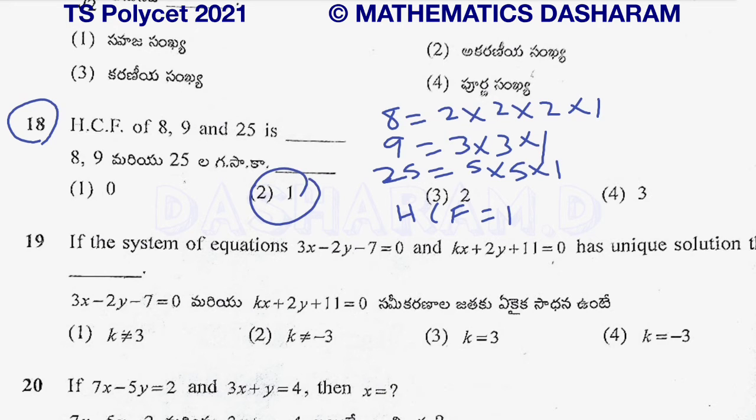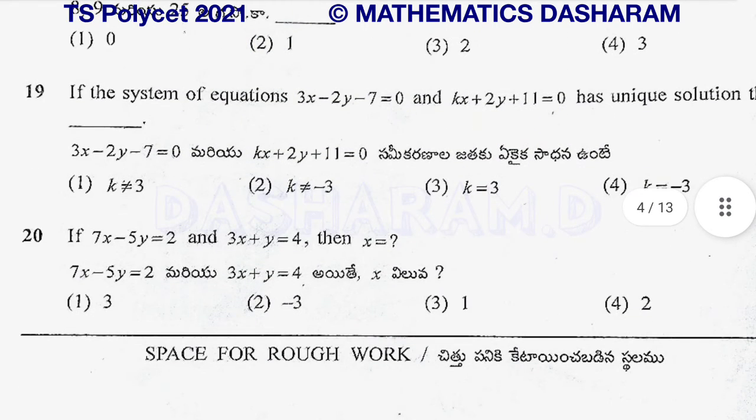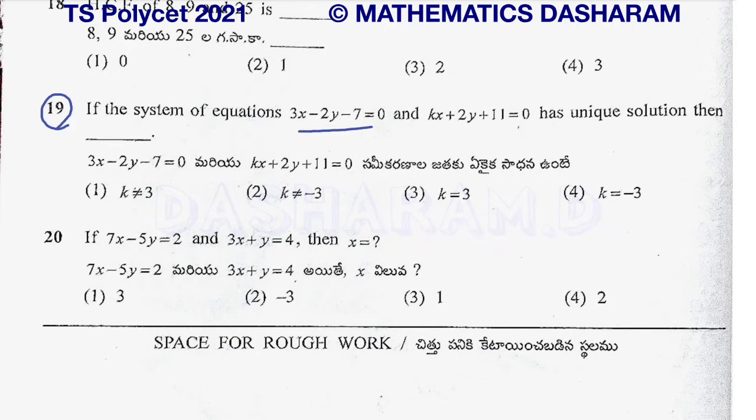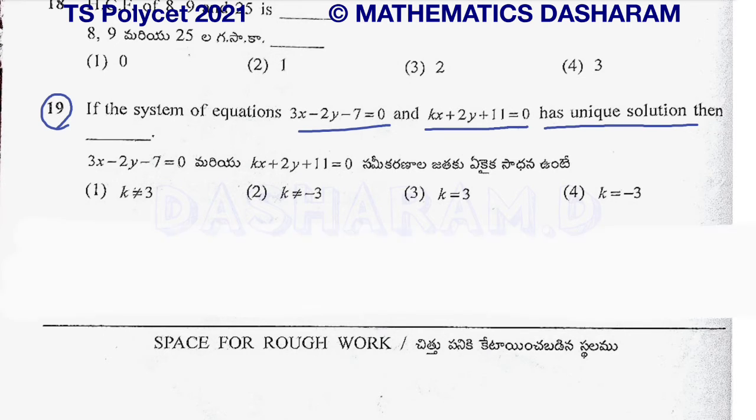So option 2 is correct. Next, 19th question. If the system of equations 3x minus 2y minus 7 equals 0 and kx plus 2y plus 11 equals 0 has a unique solution, then he is asking what is the k value. The condition for a unique solution means intersecting lines.